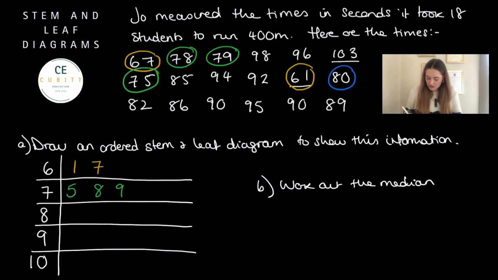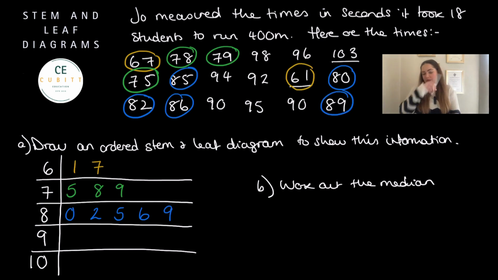So I'm just going to put a 0 in there. And then 82, 85, 86, and 89.